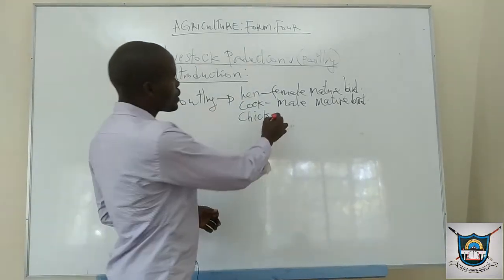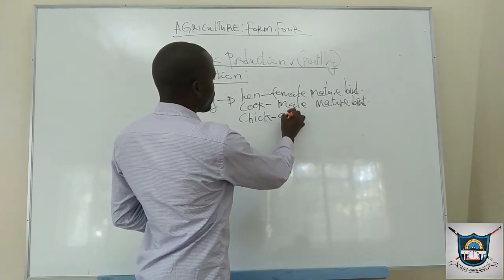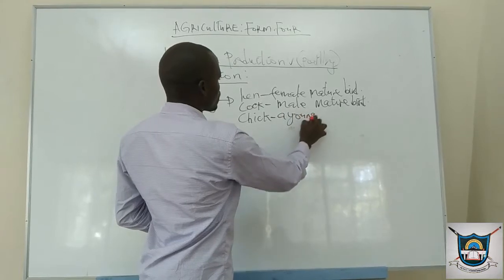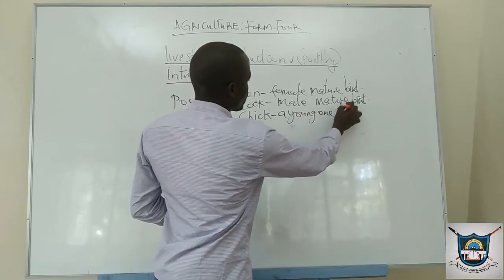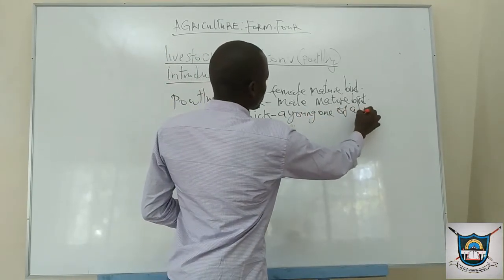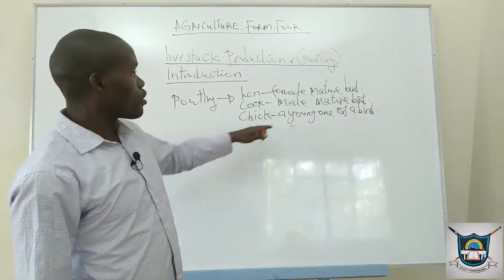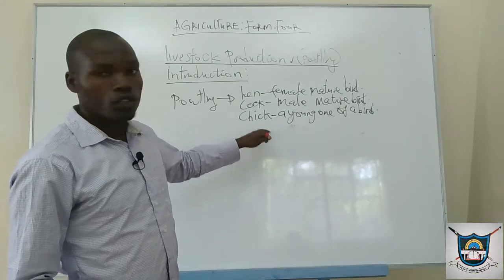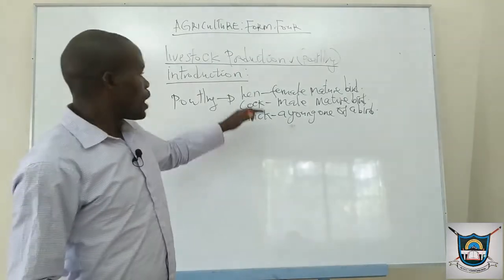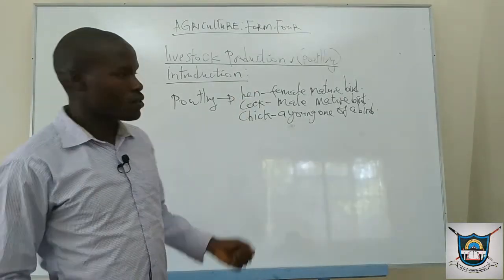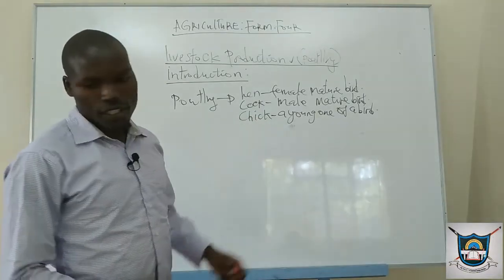And then a chick is a young one of a hen. When we say a young one of a hen, it stands for either sex, may it be a male or a female. That is what we defined a chick as.